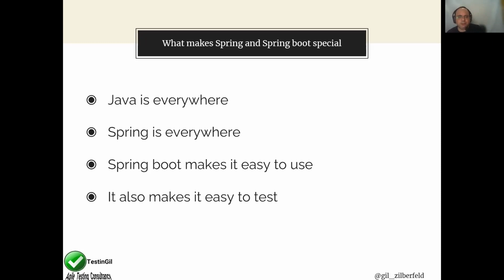When Java came out, the vision was write once, run everywhere. They kind of achieved this vision ultimately, but in order to do that, they had to create all kinds of supporting code and libraries and so on. This is how Spring actually started. It started out as a framework for dependency injection and grew a lot since then.